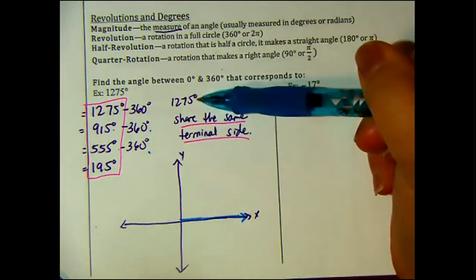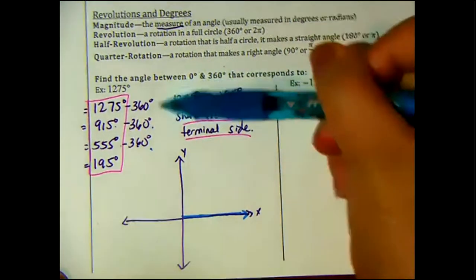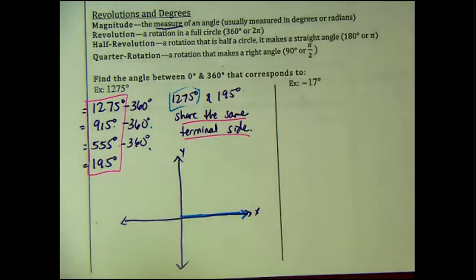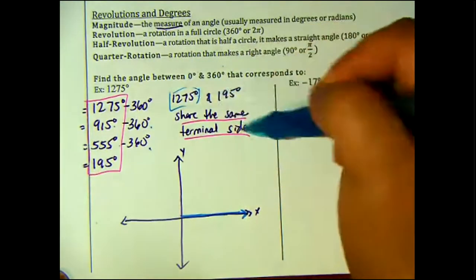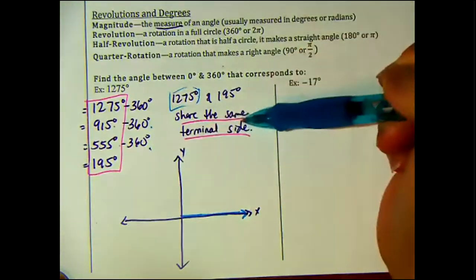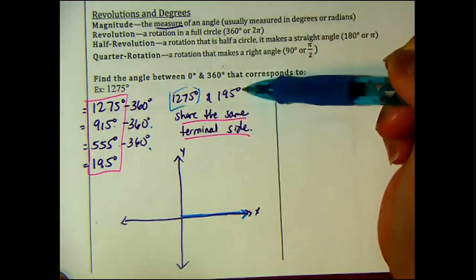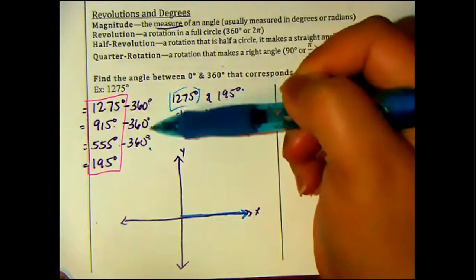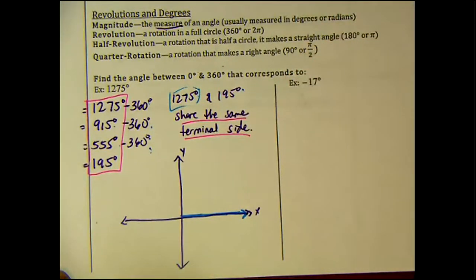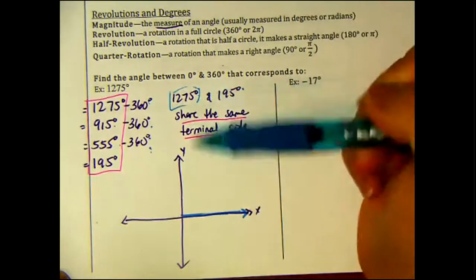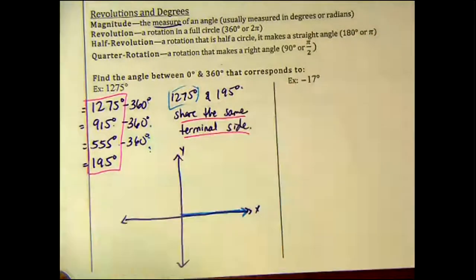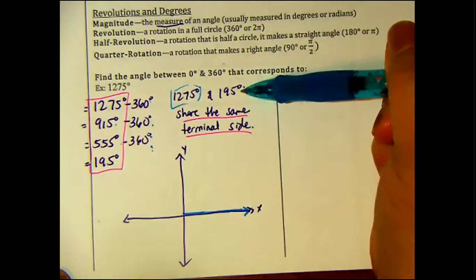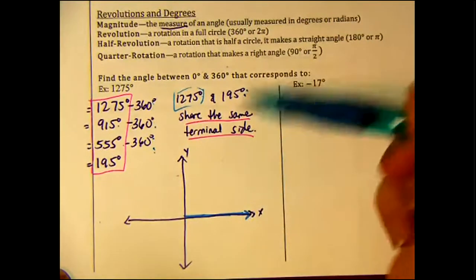That means when I am graphing this angle of 1,275 degrees, before I can get to my terminal side of 195 degrees, I need to make 3 revolutions around. I need to go 3 times around in full circle, okay? Now this is positive, so I am going this way, okay? And my terminal side will be at wherever 195 degrees would be here, okay?